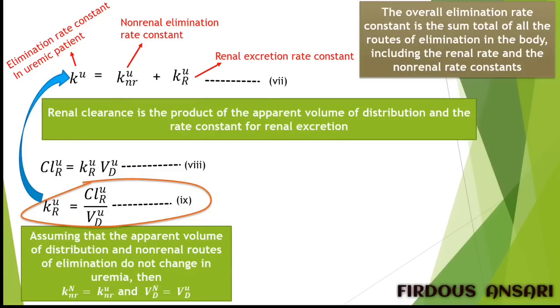So we will have a formula somewhat like this. We are rewriting equation number 7, that is, the elimination rate constant in a uremic patient equals the non-renal elimination rate constant plus, in place of the renal excretion rate constant, we add equation number 9. We have a formula somewhat like this. Let it be equation number 10.